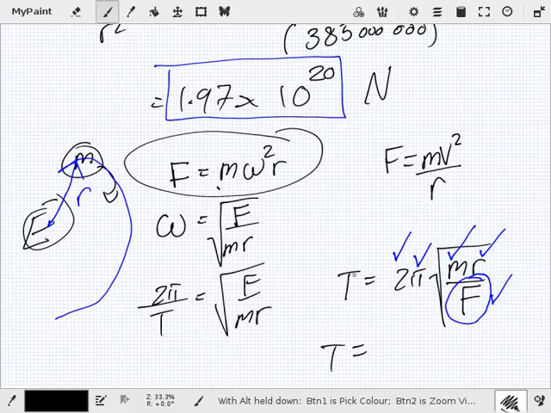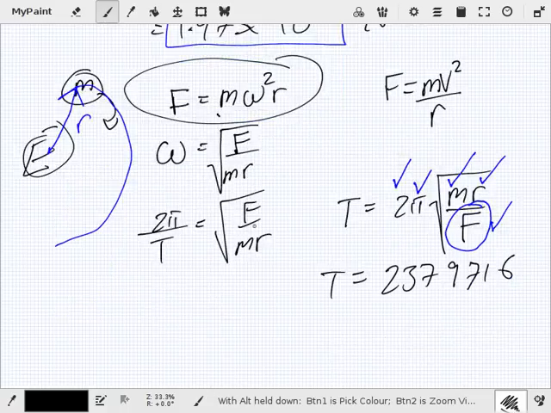Okay, say that again. 2379716. This is in seconds. Can you change this into days? Divided by 3,600, and then 24. For hours, and then days.